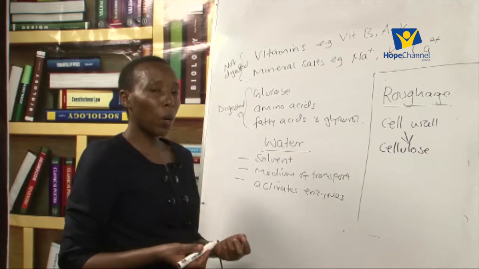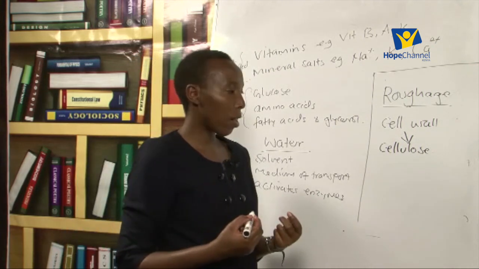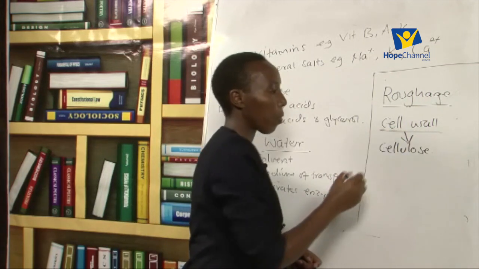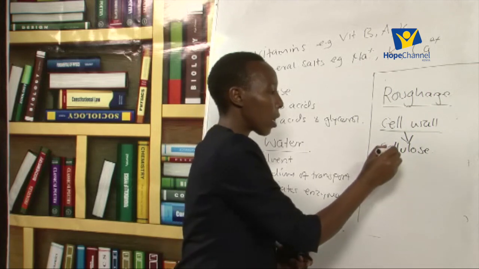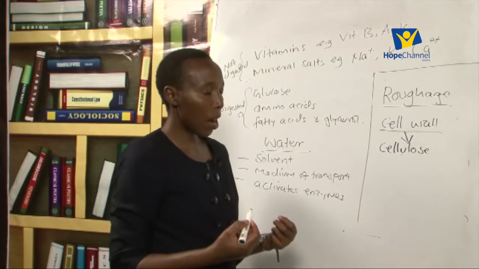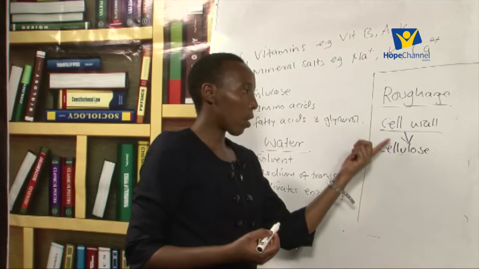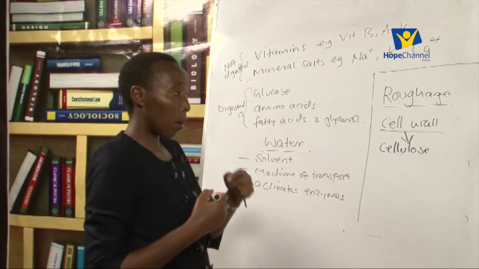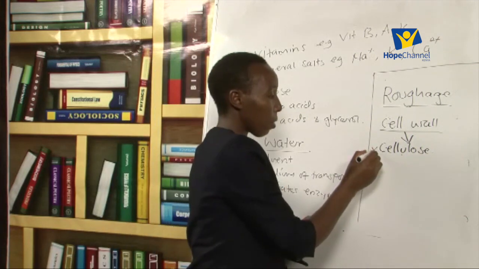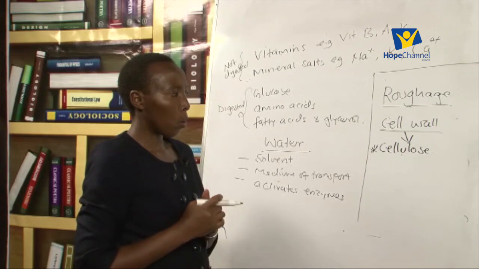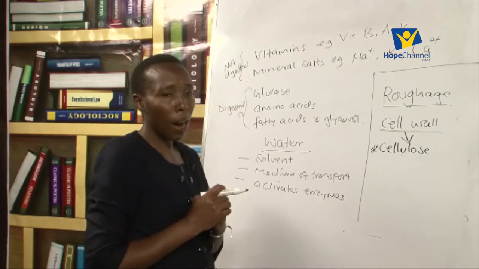And you realize that when we feed on plants, which have the cell wall made up of cellulose, that's why we say plants have a cellulose cell wall. So you find that most of the roughage comes from the cellulose that we have in plants. Now, basically, we don't have enzymes.